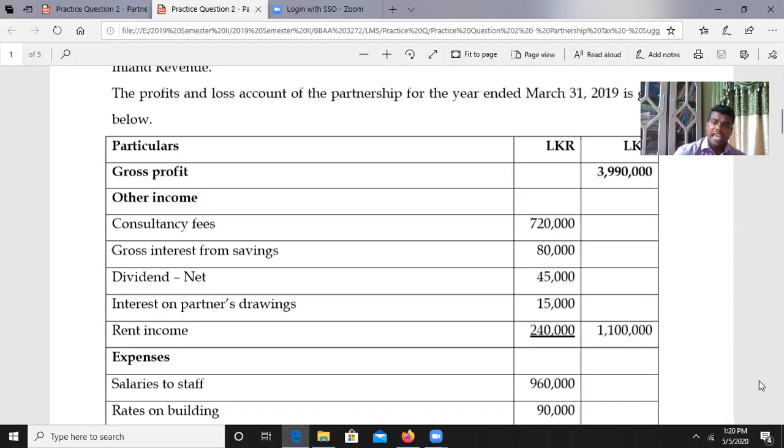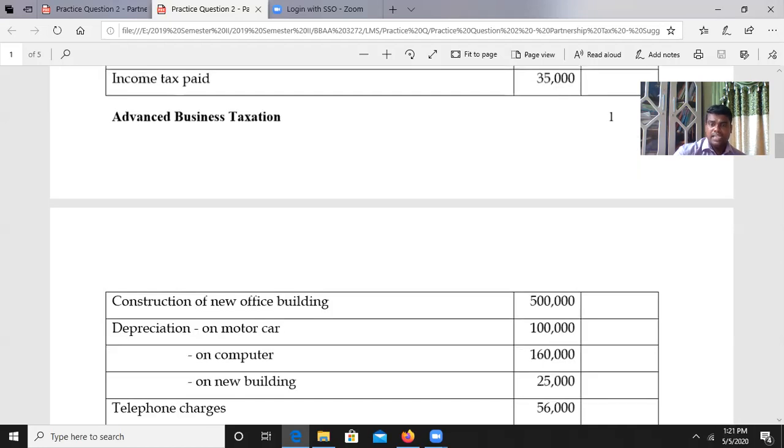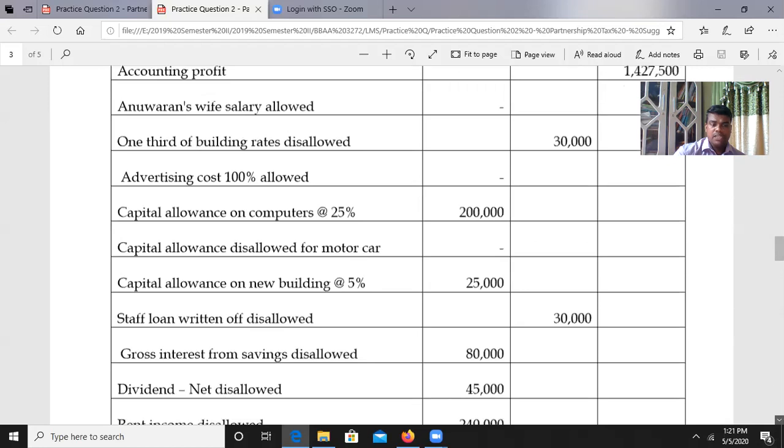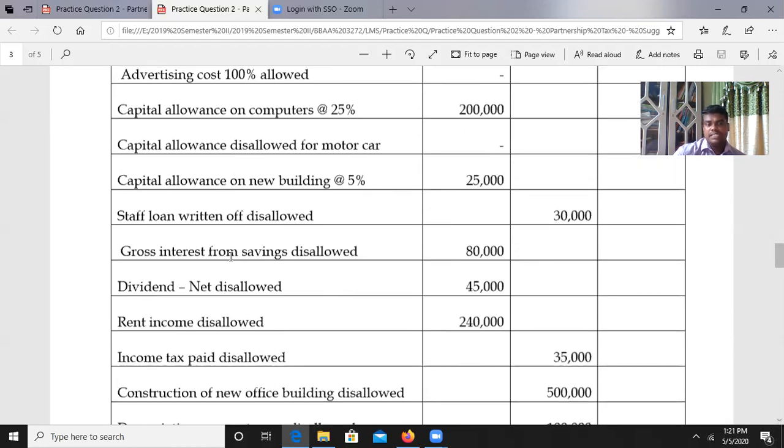But in case of taxation, any investment income or any income which is not related with the nature and the purpose of the business cannot be allowed. Due to that, this interest income should be removed from the accounting profit. That's why I included it in the minus column. You can see that in the minus column, gross interest from serving disallowed.